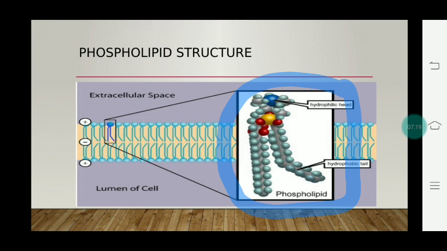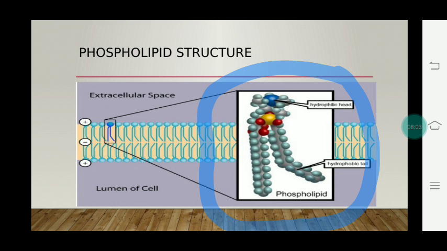The phospholipid has a hydrophilic unit, also called a polar head group, represented by a circle, whereas the hydrocarbon tails are depicted by straight lines. Here are the hydrophilic head and hydrophobic tail.